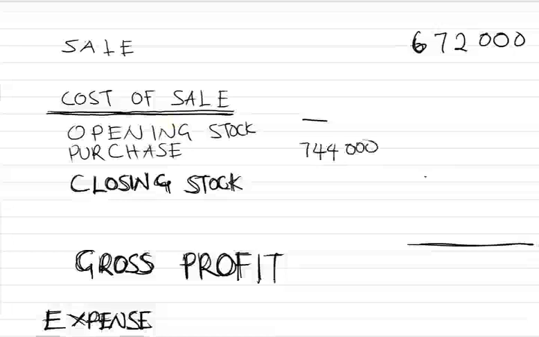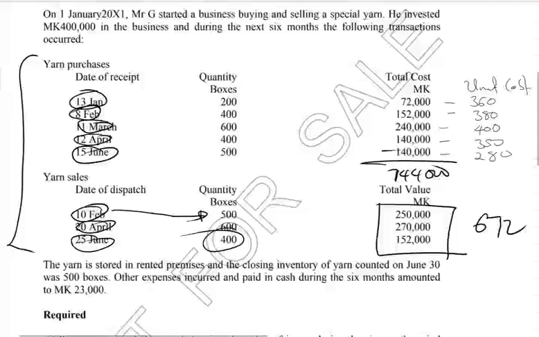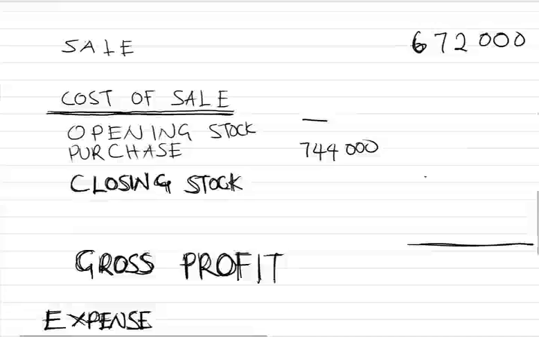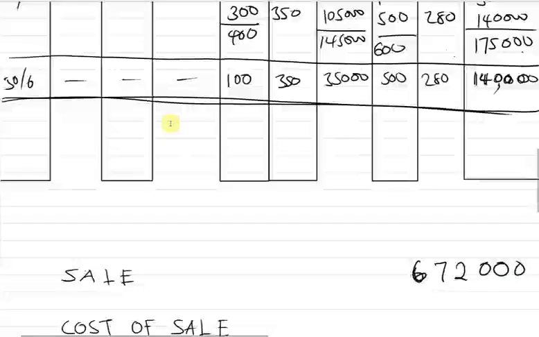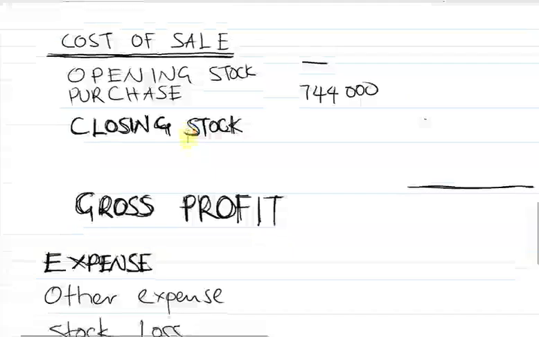Right? Then the closing stock, we said the closing stock, on the schedule, we said that it's 140. But remember, I said that any stock loss should be treated as an expense. So I'll make this conclusion.